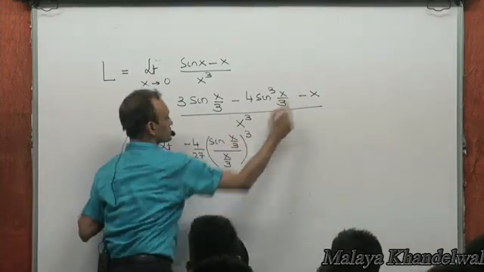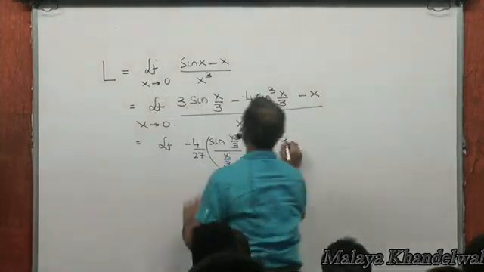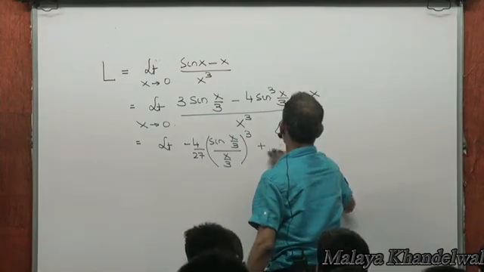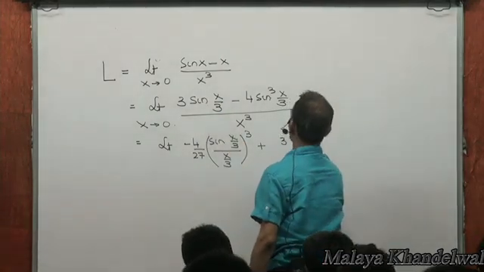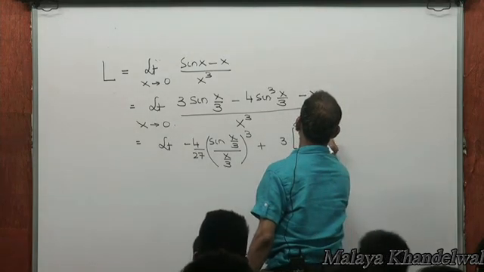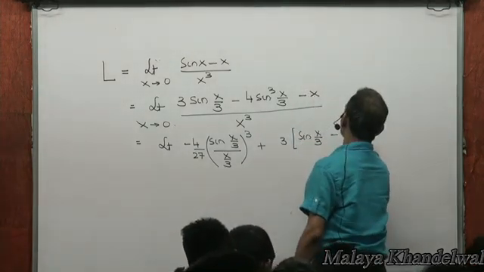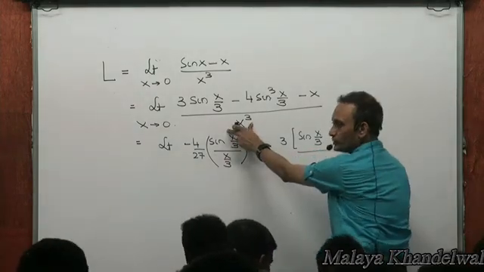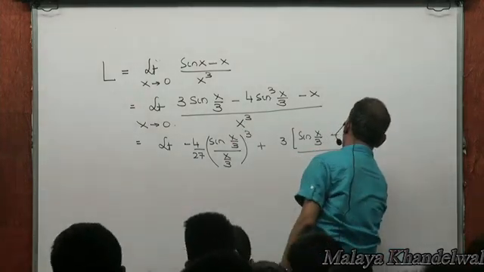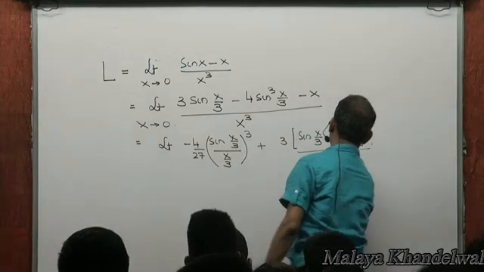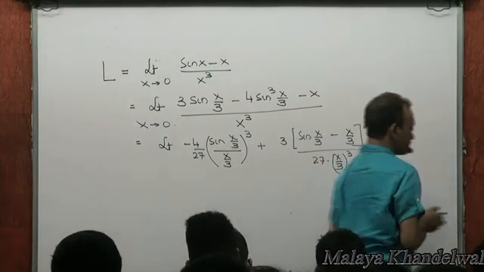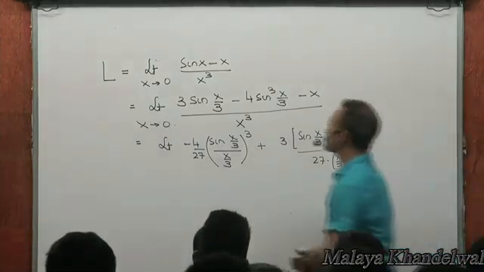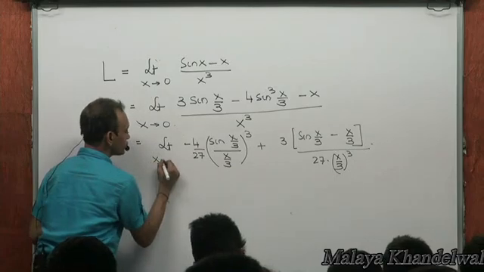And then for these two terms, I take 3 common: 3 times (sin x by 3 minus x by 3) by x cubed. This x cubed I can write as (x by 3) whole cubed times 27, as x tends to 0.